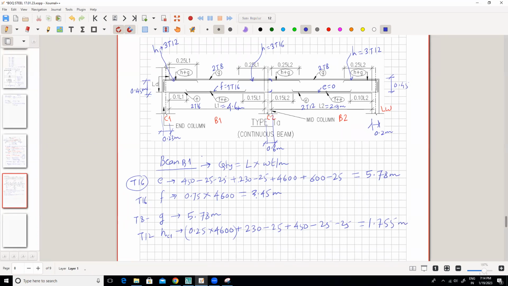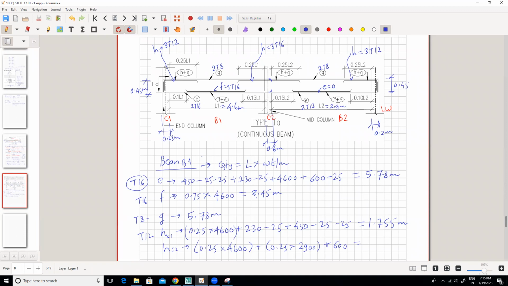Then we will take this H bar on C2. So how much is this? 0.25 L1 here and 0.25 L2. So it will be 0.25 into 4600 plus 0.25 into 2.9 meters, means 2900, plus how much? 600. From here to here, this total length, right?